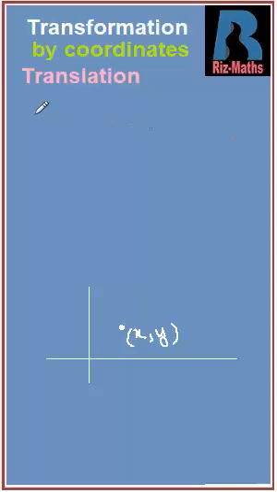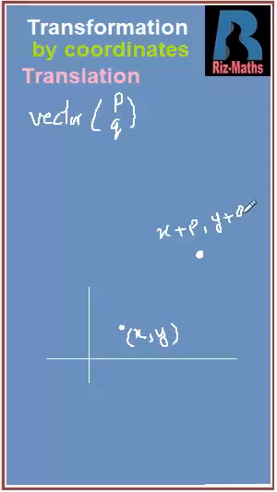So let's say if the translation vector is PQ, then the coordinates xy of this point after translation to some new position will be x plus p and y plus q.